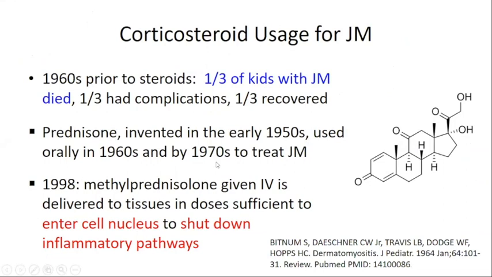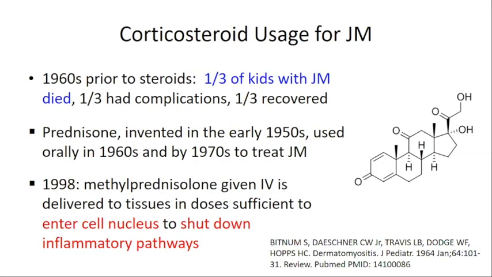And in the 1970s, it was started to be used to treat juvenile myositis. And once steroids began being used for myositis and other conditions like lupus and juvenile arthritis, we had a huge reduction in the numbers of patients who died from the disease and the numbers of patients who had complications from the disease. It wasn't until the late 90s that we started using steroids IV to treat juvenile myositis.